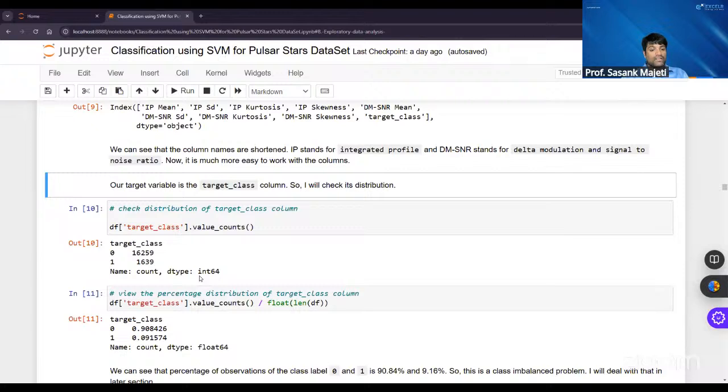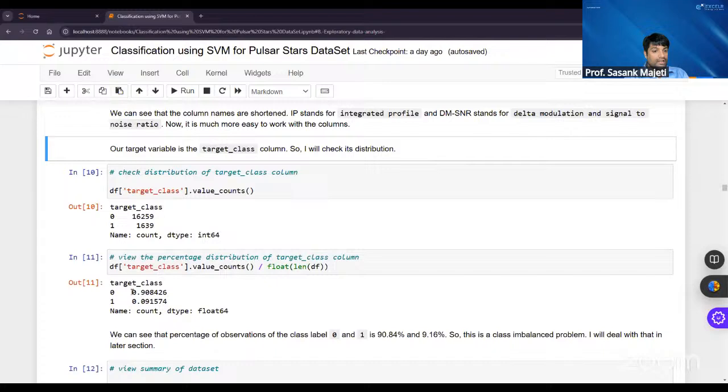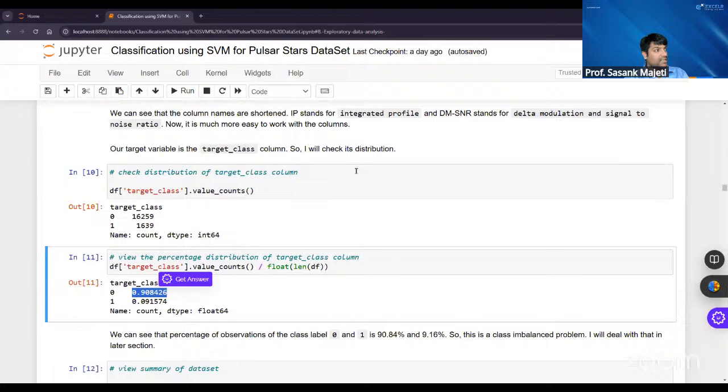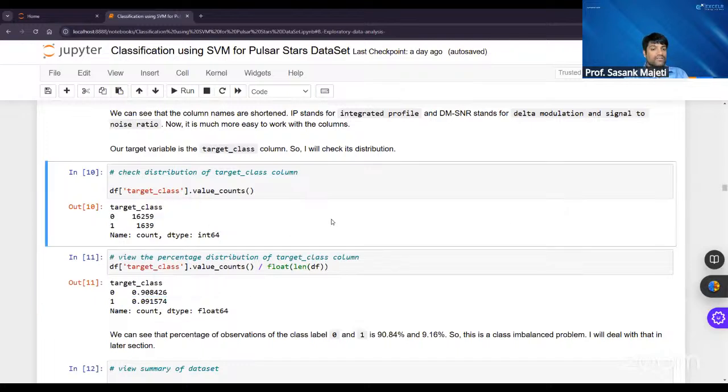Here I have calculated the percentage of the target variables. The zero class, which is the -1, we are having 16,259, and that is contributing to around 90% of the data, almost 90.8, right?